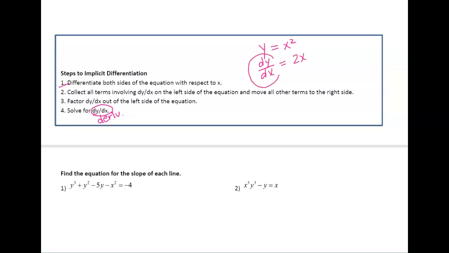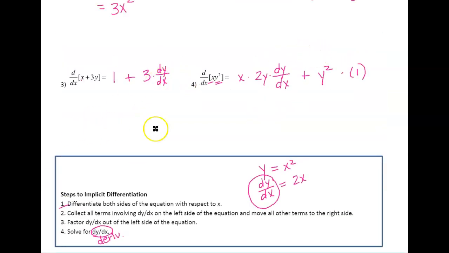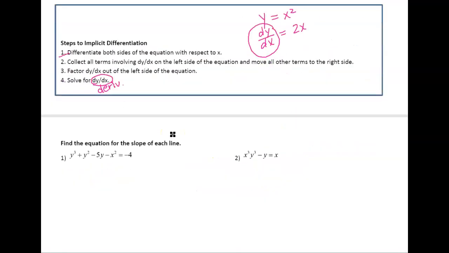So dy dx was always isolated. We just haven't made that connection until we get to implicit functions. So that's what we really need to do. Up here, we won't leave our answers like that. We'll have them set equal to things and get them all by themselves.